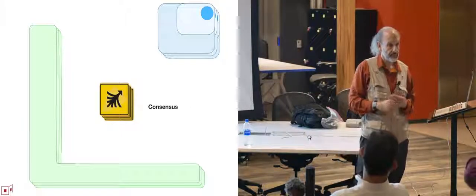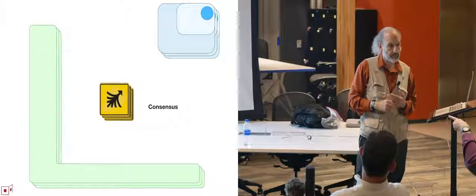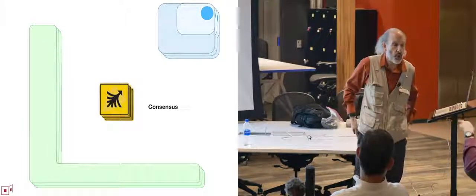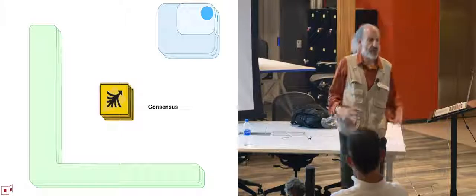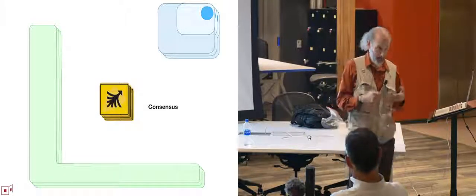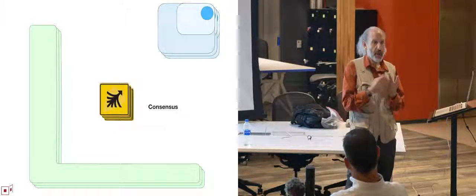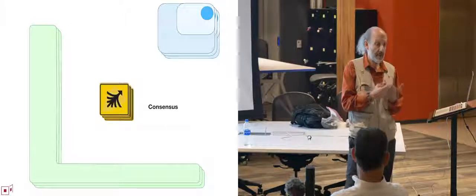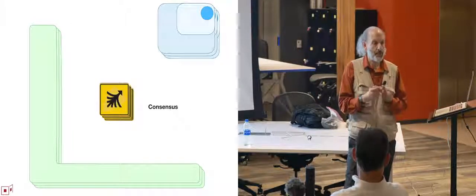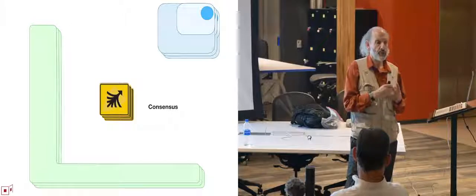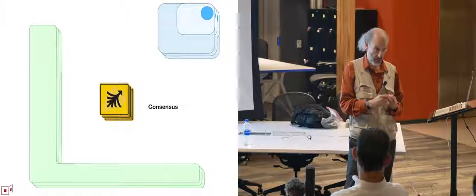Yeah? Does the 2 out of 3 rule apply in case of a network partition to the consensus as well? So for the consensus, the answer is probably yes. The reason I say probably is that in defining a VAT, there are two separate policy issues that you can decide separately.